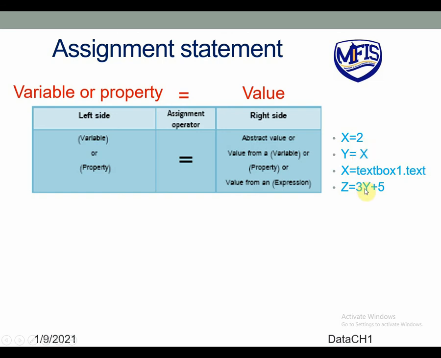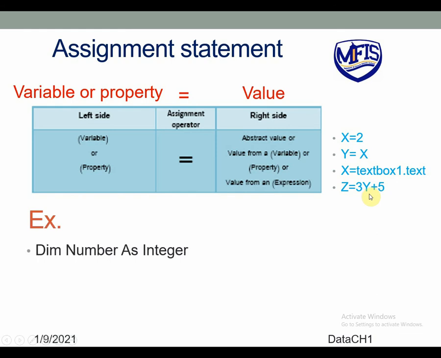So in this case, we can replace y by 2 and solve the expression or the equation, and then we will be able to get the value of z. So the value of the variable z will be taken from the expression.